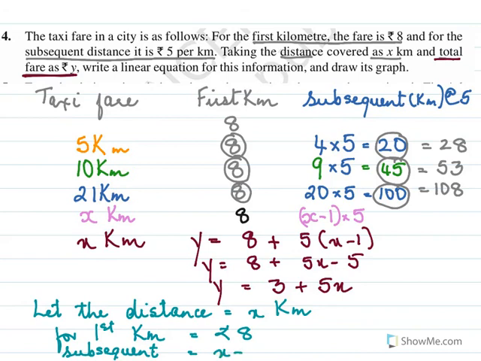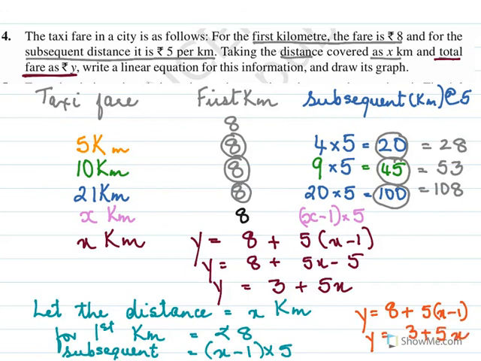One is already paid, so x minus 1. The price would be (x minus 1) into 5 because the rate is 5. So the total fare y is the first kilometer plus the subsequent kilometers, that is x minus 1. You open the bracket, you get 3 plus 5x.